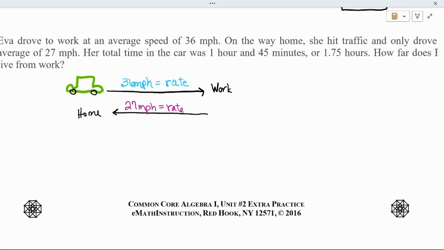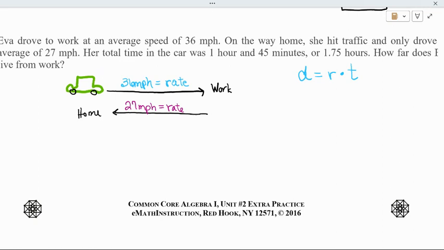Okay, so I want to talk about the distance formula that we use for speed, right? So we know that the distance that you travel is equivalent to the rate, the speed that you're going, multiplied by the time. Okay? We're trying to figure out how far she lives from work, and we know some really important things.